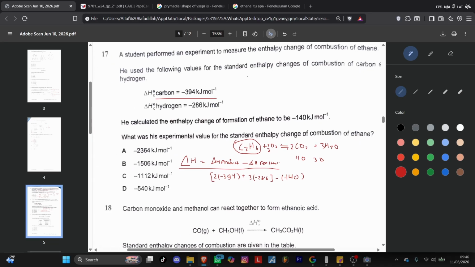So the answer from this is minus 1506 kJ per mole. So the answer is B.